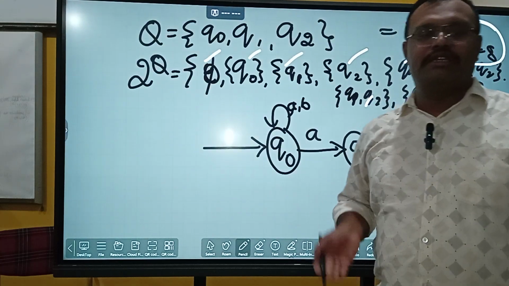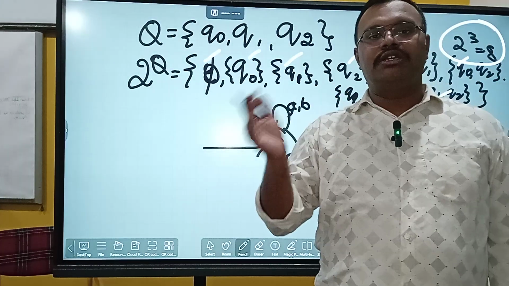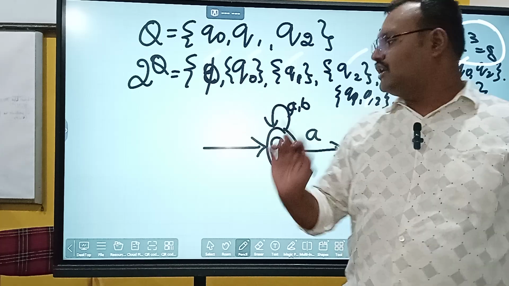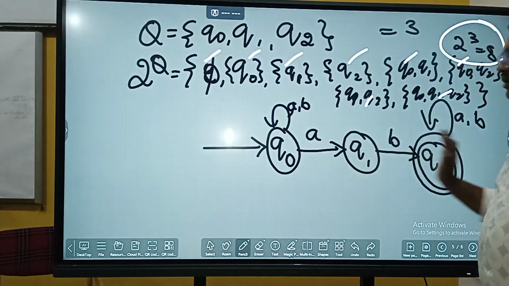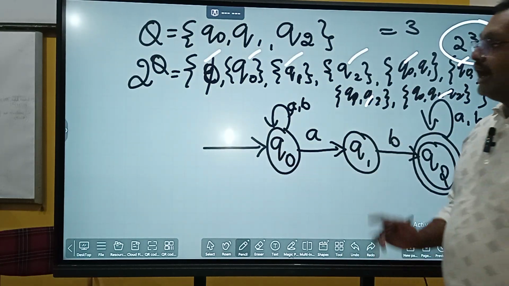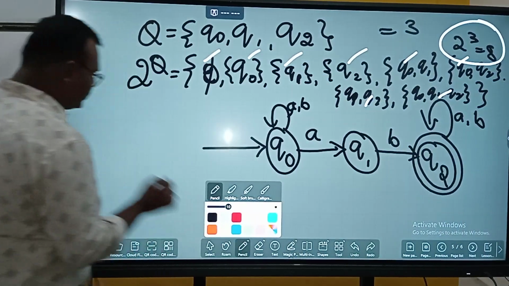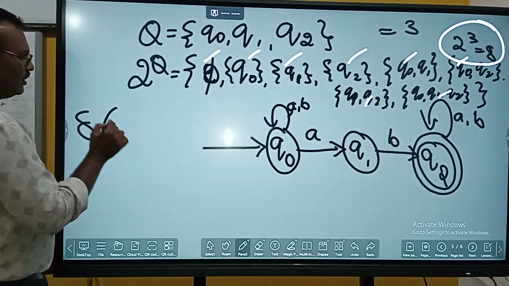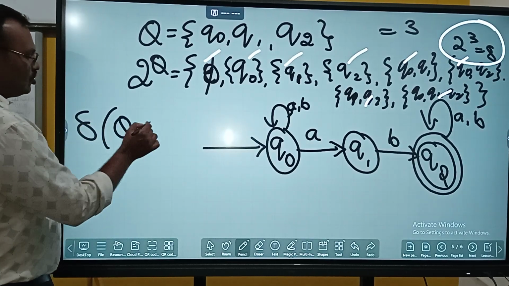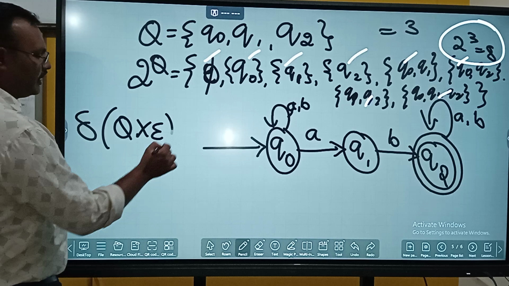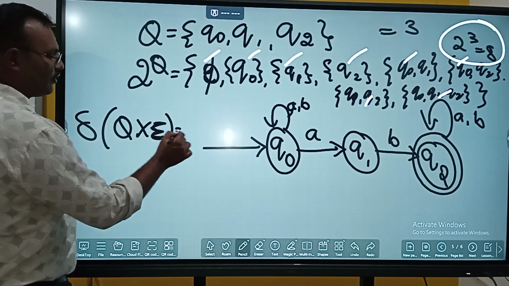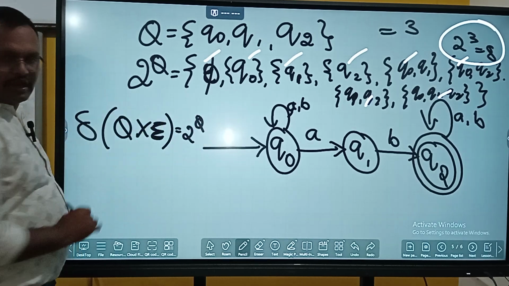So power set is nothing but the different combinations you can get over the number of states you have in the given diagram. And listen here, when we were writing the transition, I told you, if you take Q over summation, you may get a result from 2 to the power Q, right?